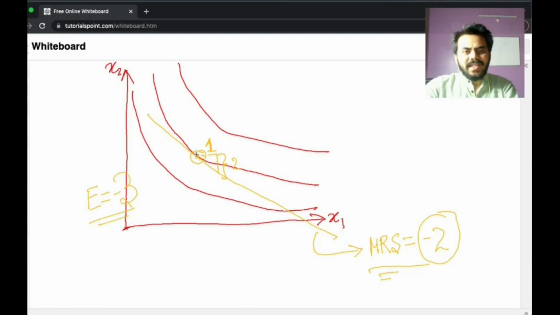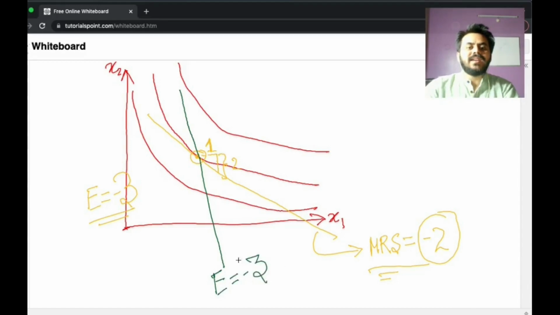So let's again take this point and try to draw a line with a slope of minus 3. This is going to give you an exchange rate of minus 3. Now what does that mean? This means that if I have to offer you 1 extra of good 1, you will have to part with 3 units of your good 2, right?